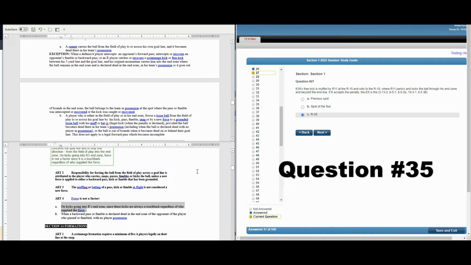What? I don't know why. I don't know what the thinking is behind this, but it is the rule. So that's the reason that K accepted the penalty, because otherwise R would have had the ball on the 20. And this gives them a chance to maybe do a squib kick or whatever, do something else.